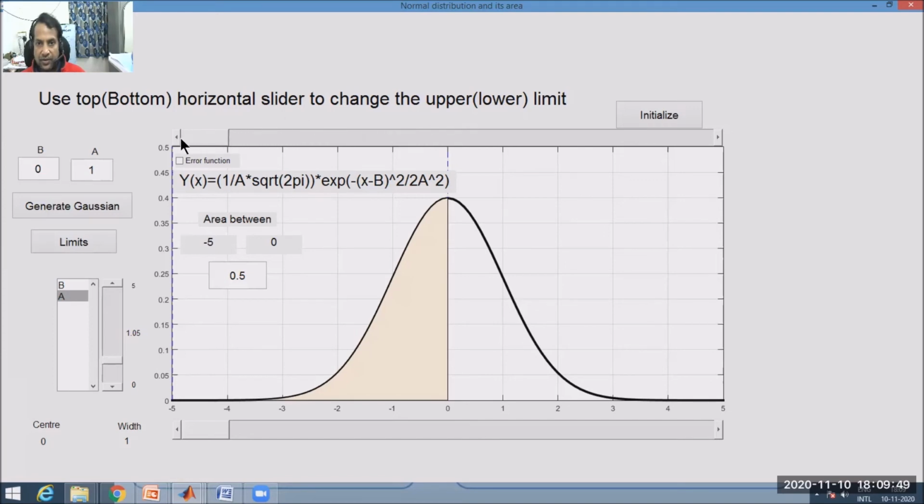Another interesting thing, we can look from minus infinity. For us, minus 5 is almost like minus infinity. So if we increase the upper limit, let us see what happens.